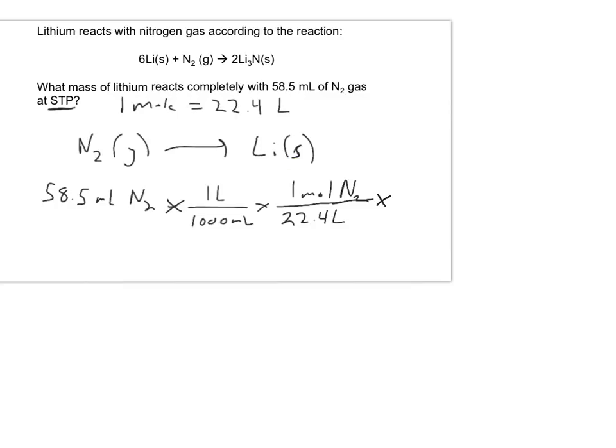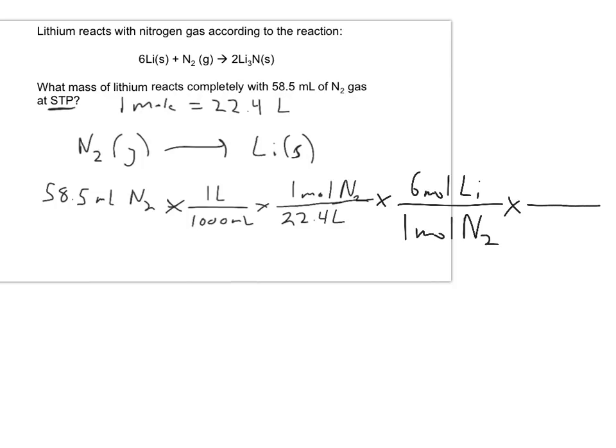And we can see from our balanced chemical equation, 1 mole of nitrogen gas reacts with 6 moles of lithium according to the balanced chemical equation. Then the question is asking for lithium in grams.